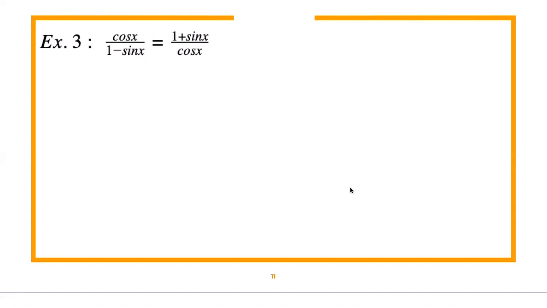All right, what ideas do we have out there for example number 3? I would start with the right-hand side because it's more complicated. Okay, and what would you do to that right-hand side?